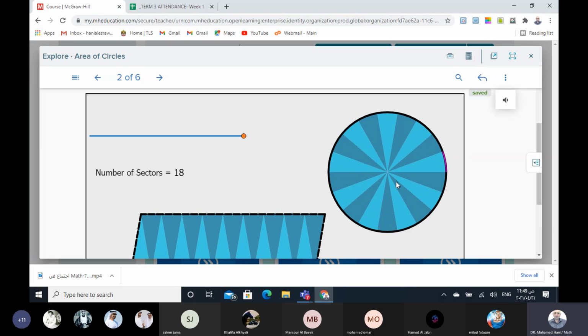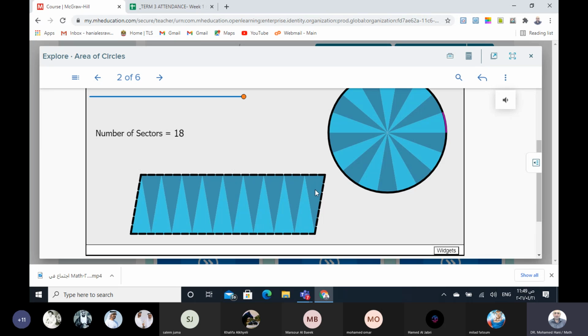If I cut the circle into 18 sectors, I now have exactly a parallelogram. And inside the parallelogram here we have 18 sectors.